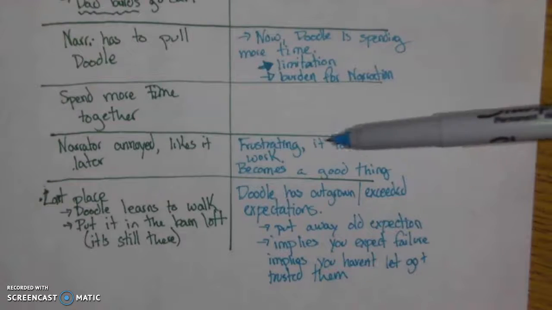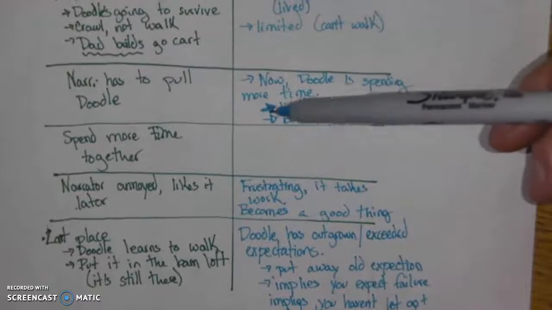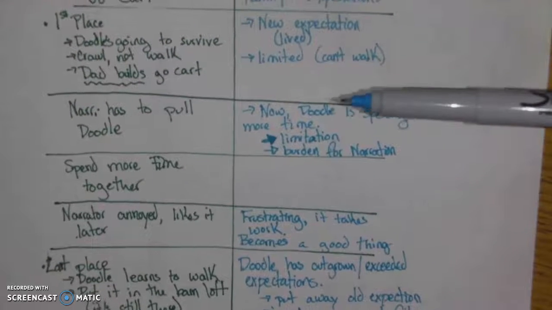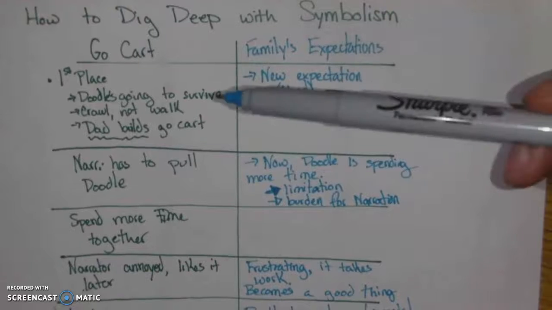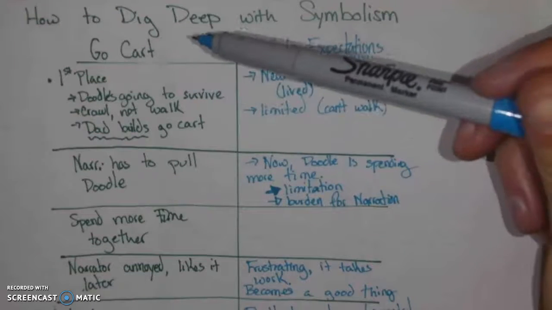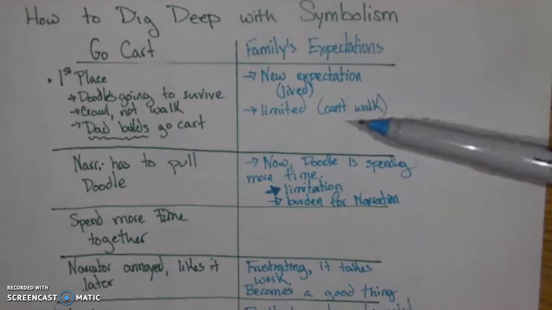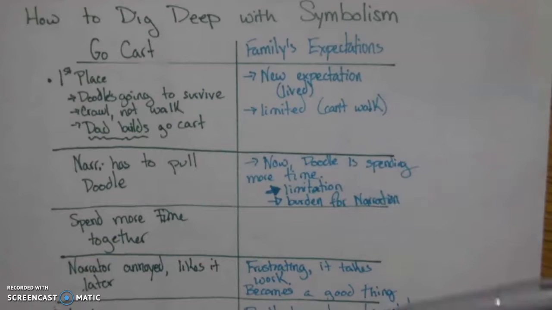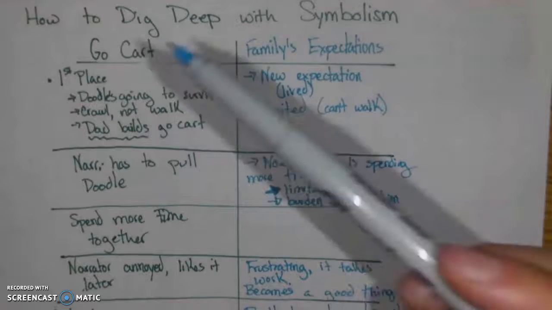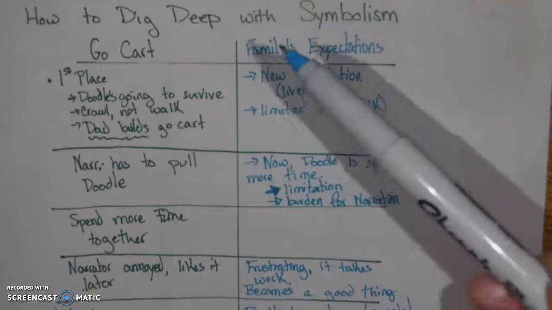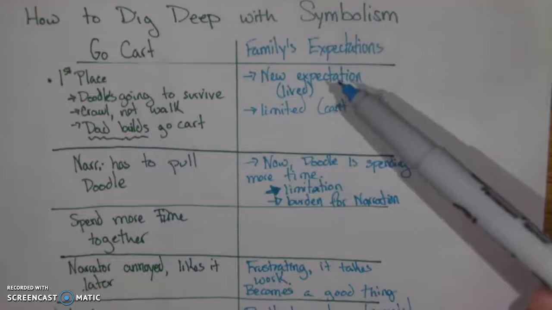Now, I could have found a bunch more things. In fact, I even left one here blank, though I suppose we kind of covered it up here. And that's okay. A lot of times when you're digging deep into symbolism, you can go crazy on this side, fill in tons of details, and then pick maybe 5 different key instances where you can understand what this symbol does in regards to the idea or person it symbolizes.